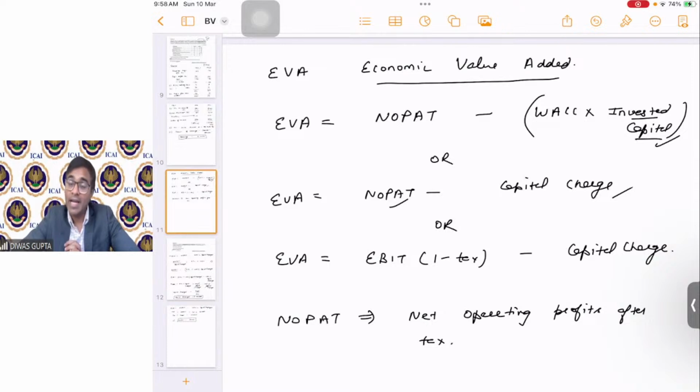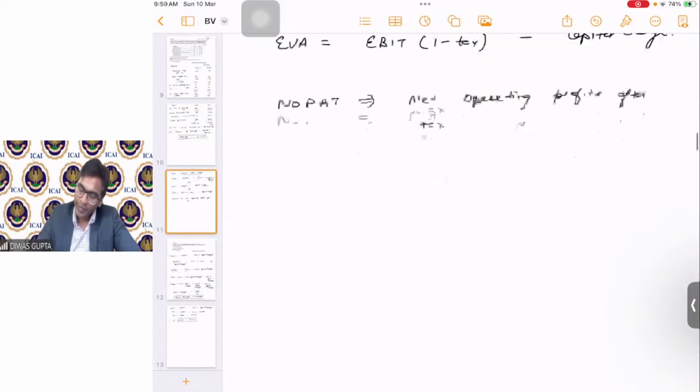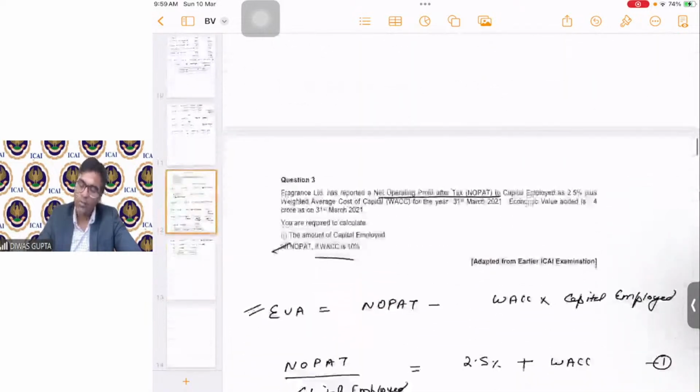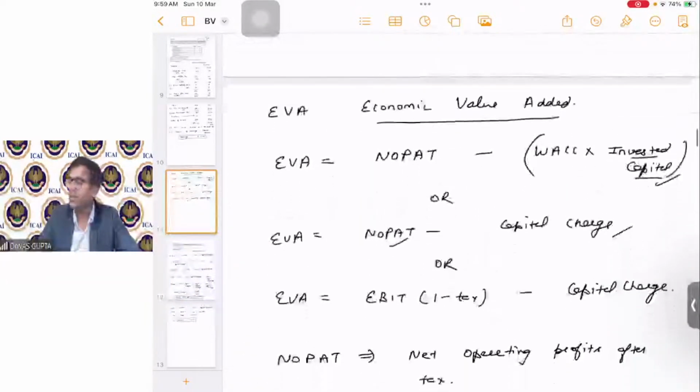So in this, tax is reduced from the operating income. And interest is added back, because in the capital charge, we are also taking the interest-equivalent cost of debt. And hence, EVA became the incremental amount that the business is contributing, students. We did questions today on EVA as well. So question number 3 and later on, we have discussed EVA.